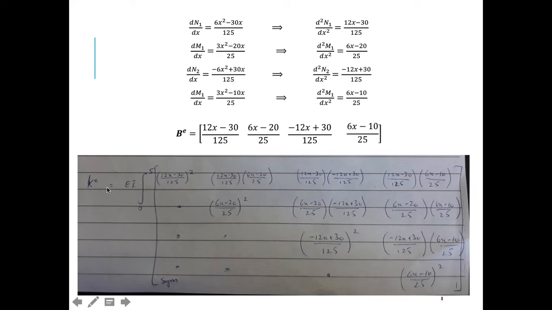So for example, K11 ke andar would be B1 ka squared, 12x minus 30 divided by 125 whole squared. And then K12 may instead I would have B2 multiplied by B1, which is exactly what I have, and so on and so forth.